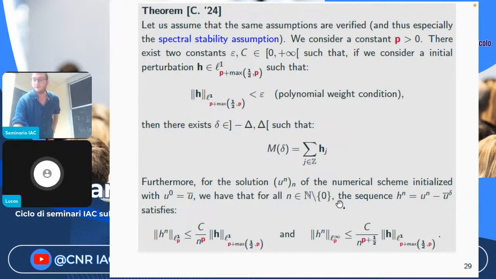So two important things to point out. First, this only used spectral stability, so we didn't need to introduce any weakness assumption on the shock. An additional fact that wasn't in the previous papers is that we have explicit decay rates for the sequences Hn, which was not obtained before.